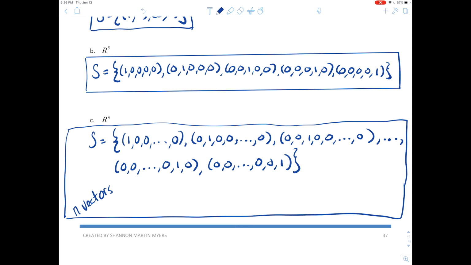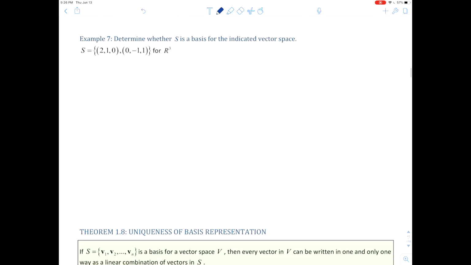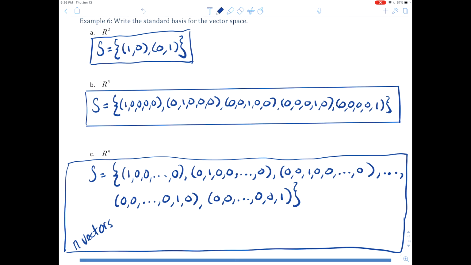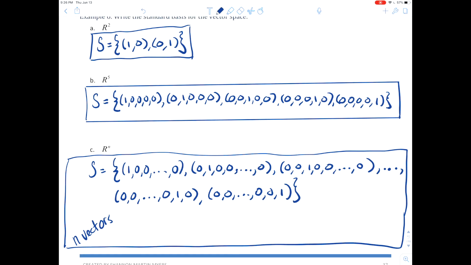All right, so determine whether S is a basis for the indicated vector space. So here, it has to span and it has to be linearly independent. I don't think this is going to span, because do you notice that all of the basis sets have the same number of vectors as the dimension we were in?